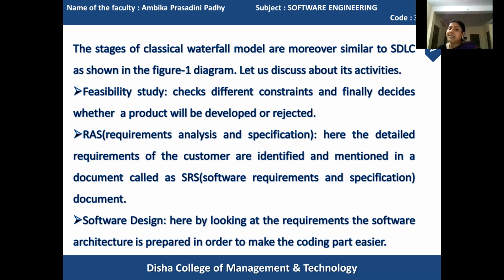Here, by looking at the requirements mentioned in the SRS document, the software architecture is prepared in order to make the coding part easier. When your design is good, your coding will be good and easier. Okay, so let's go to the next phase, software coding.